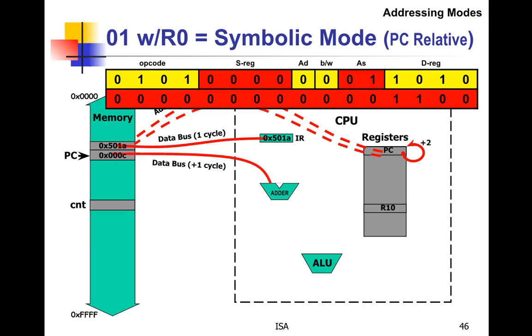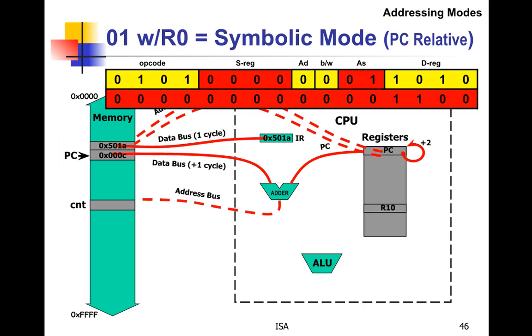And that C is put into the adder. This is similar to last time, only this time we take the program counter, register 0, instead of register 4. Those are added together, so now it goes out to an address wherever count is.